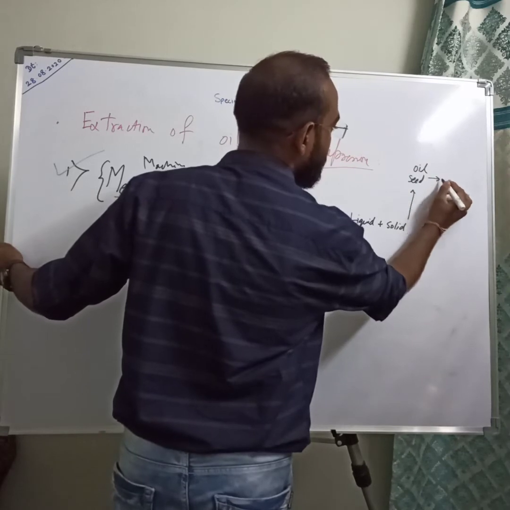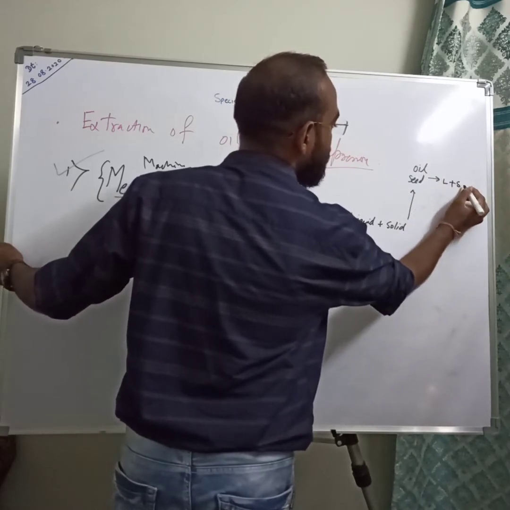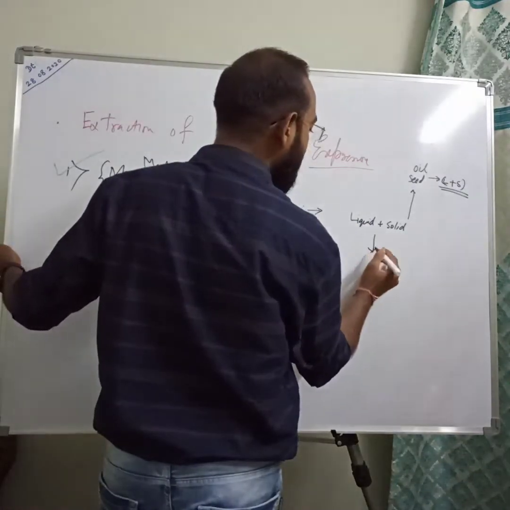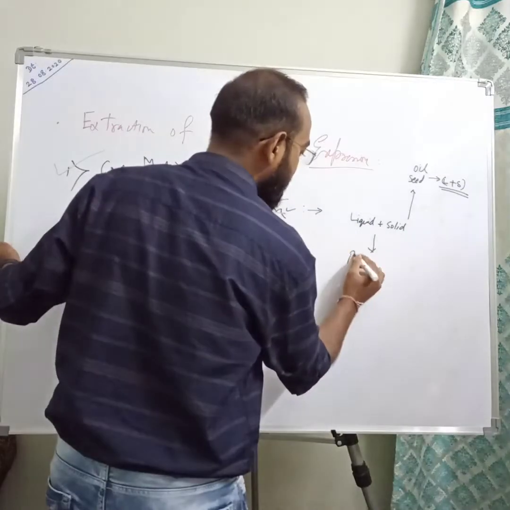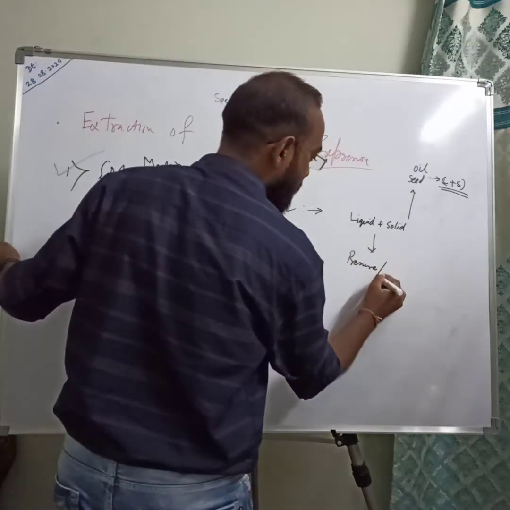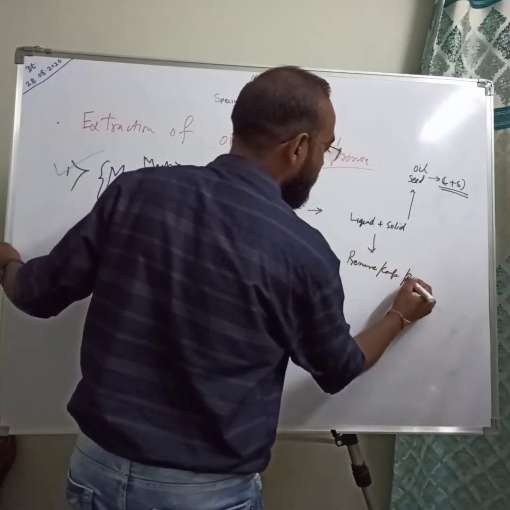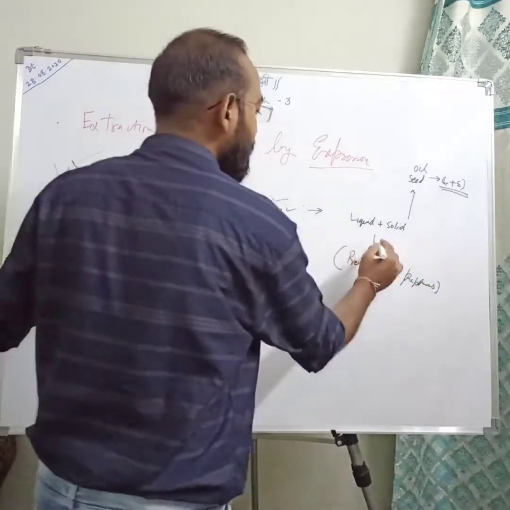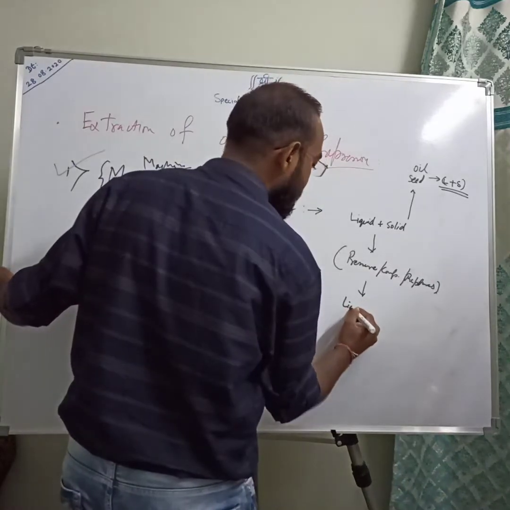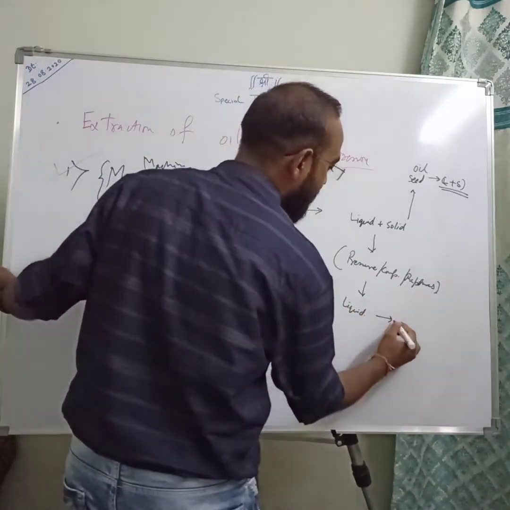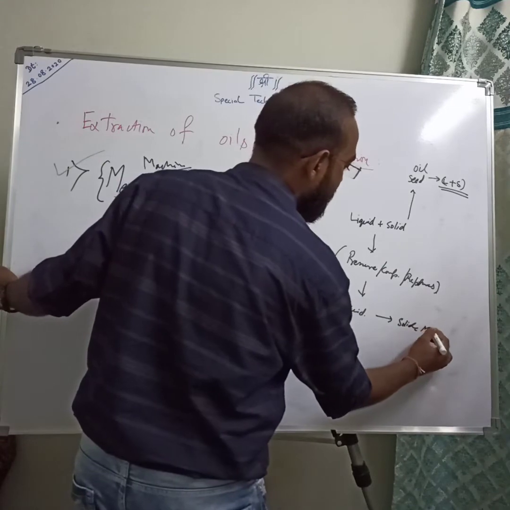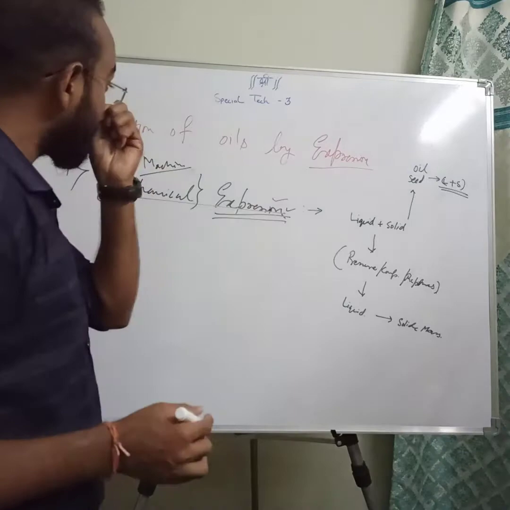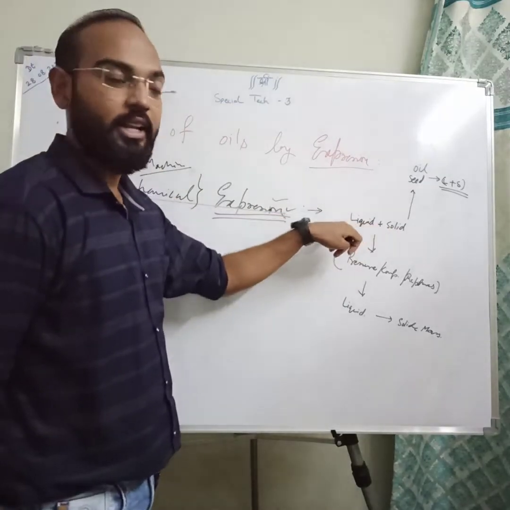Oil seed contains both liquid oil plus solid cake, a binary system of liquid and solid, and by applying pressure, compression or rupturing the seeds, we are able to remove the liquid and the solid mass is stationary.